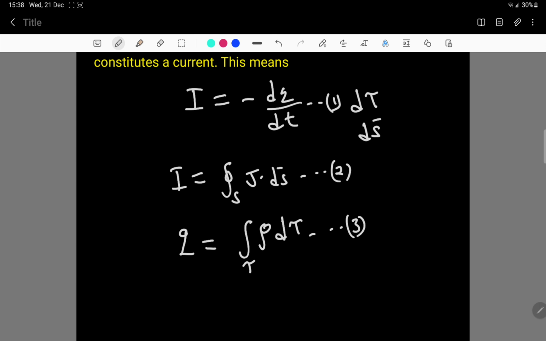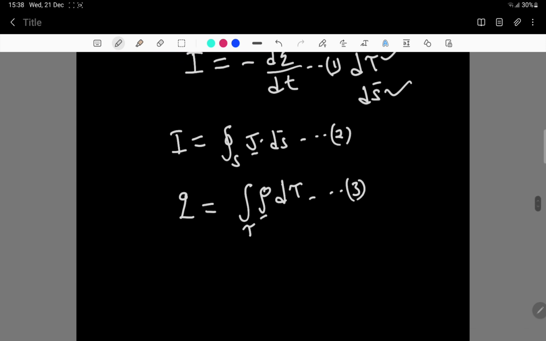In these equations, J is the current density and rho is the volume charge density, while this one is the volume element and this one is the area element. Now, having these three equations, from equation 1 and 2, if you look carefully, we have current on both equations.